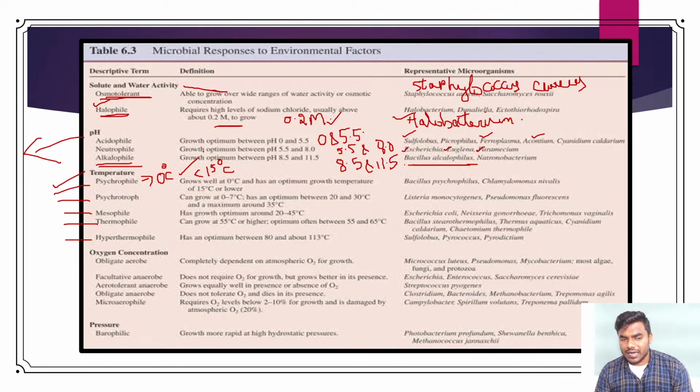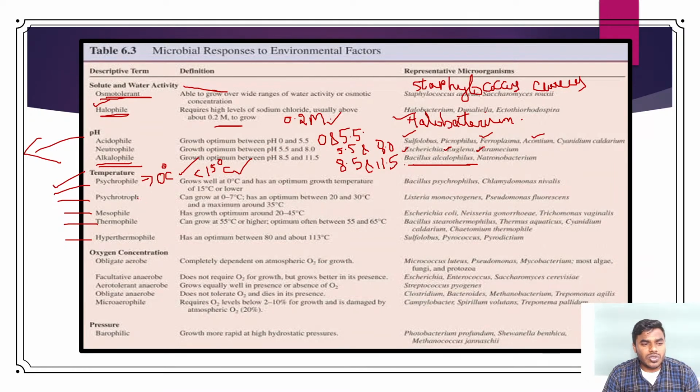What do you mean by that? If you keep a psychrophile at a temperature above 15 degrees centigrade, friends, it cannot grow or develop. Always remember that. So psychrophile, in order to grow, requires 0 degrees minimum. It can grow abundantly at 0 degrees, and up to 15 degrees it can grow very easily, but above 15 degrees, friends, it cannot grow.